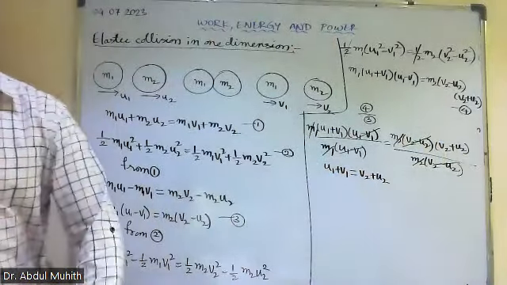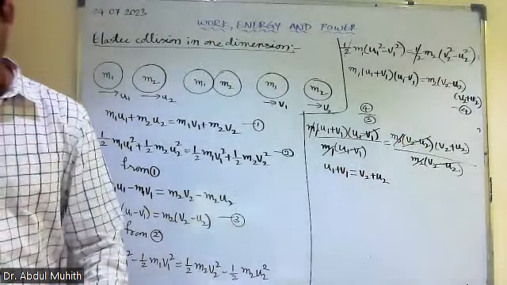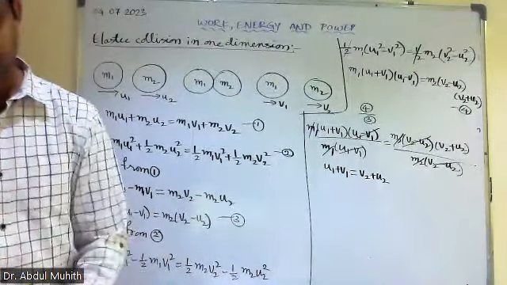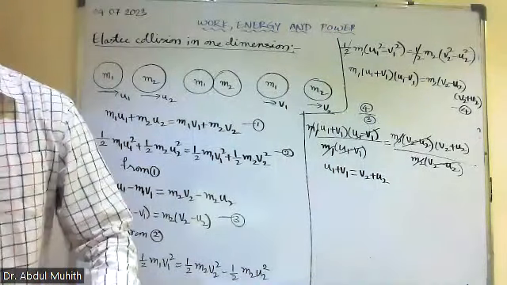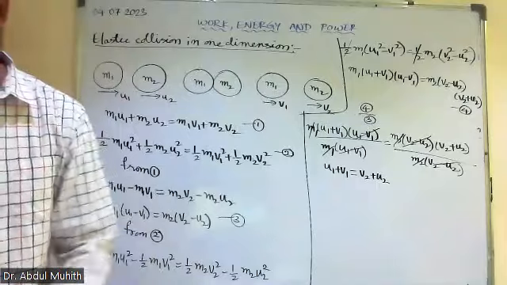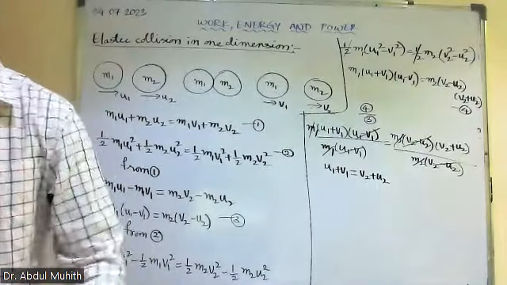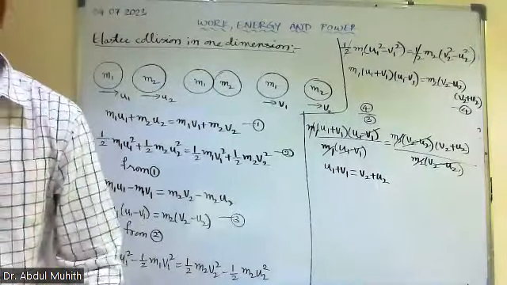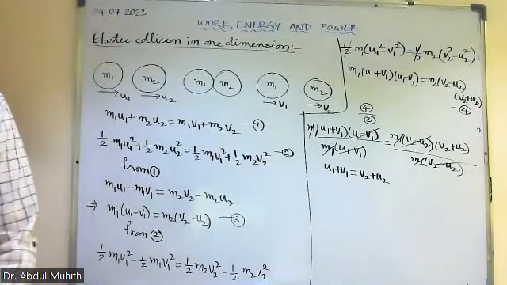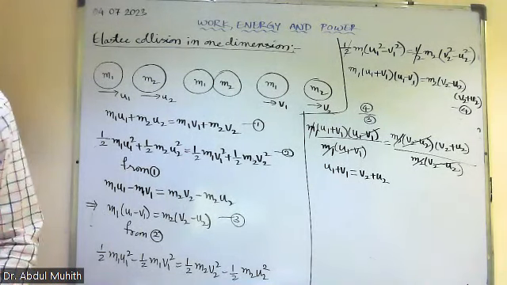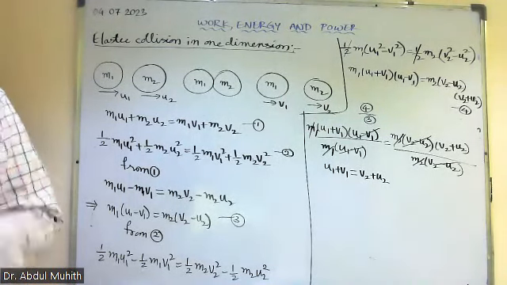So now what I have to find out? I want V2 now. So I got the relation.